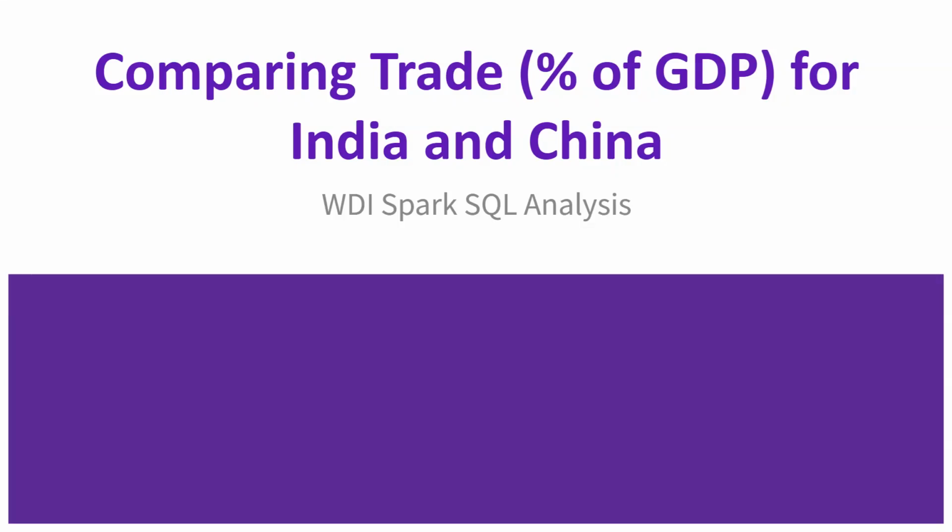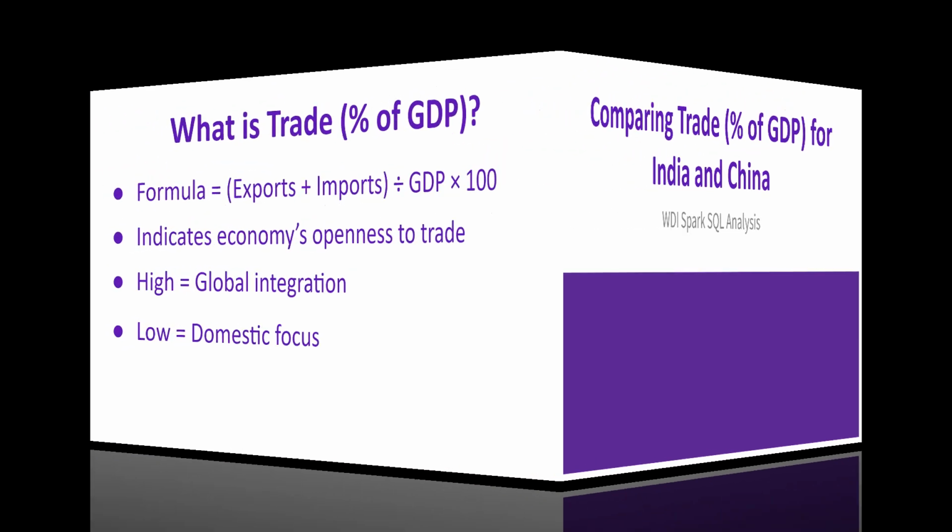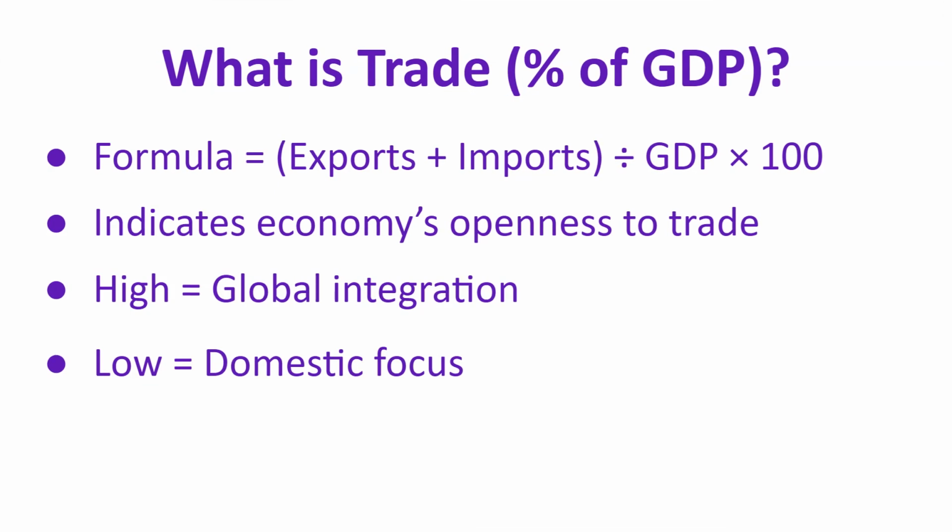Welcome back. In this lecture, we will analyze trade as a percentage of GDP for two major economies, India and China. Trade percentage of GDP is a measure of how much a country's economy is dependent on international trade.